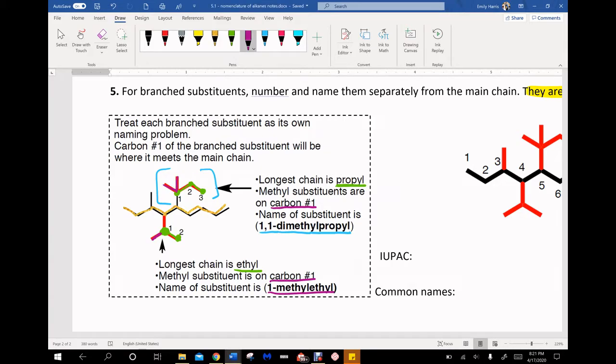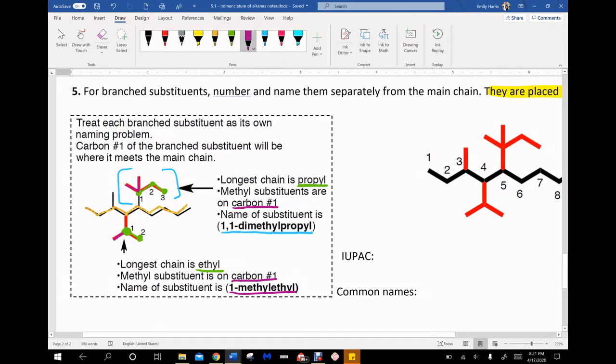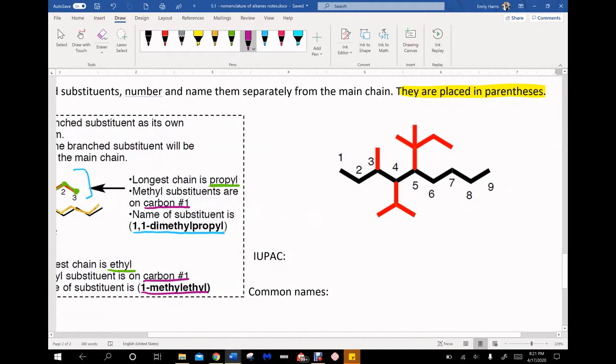Okay. If we put this all together, we also have a simple substituent on the 3rd carbon. That's a methyl. Let's not forget about him. So the whole IUPAC name will be 3-methyl.